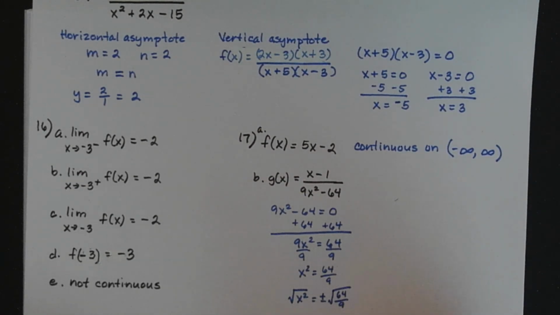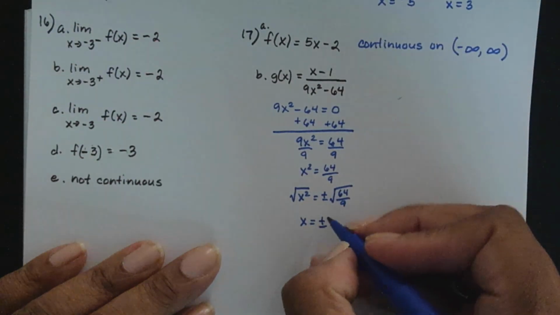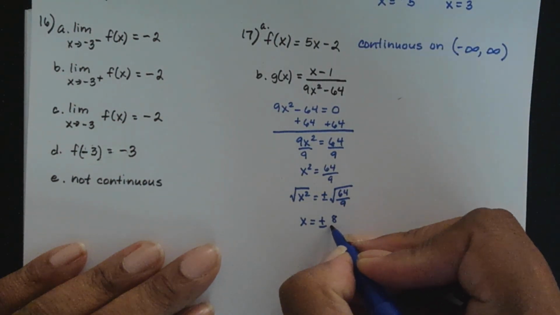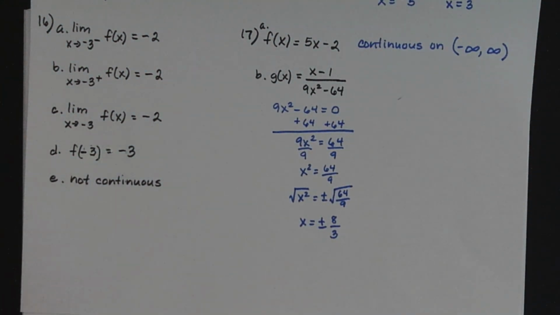So x is equal to plus or minus, what's the square root of 64? 8. Square root of 9 is 3. So I know at negative 8/3 and positive 8/3, I would get a 0 in the denominator.